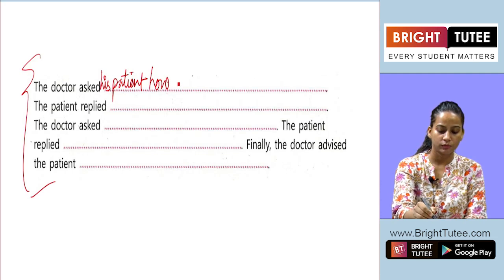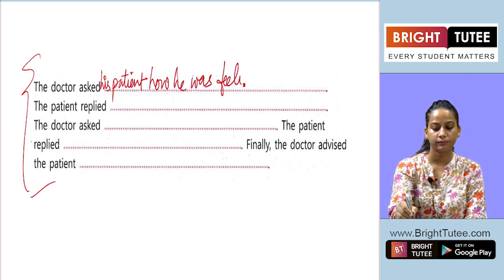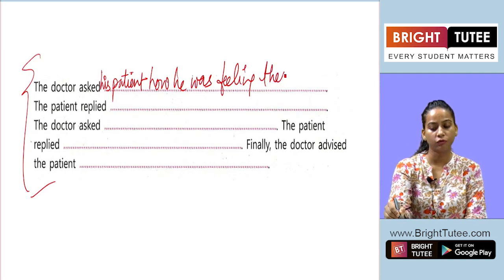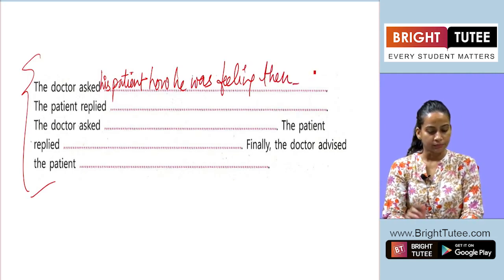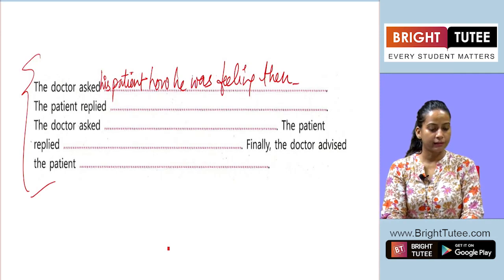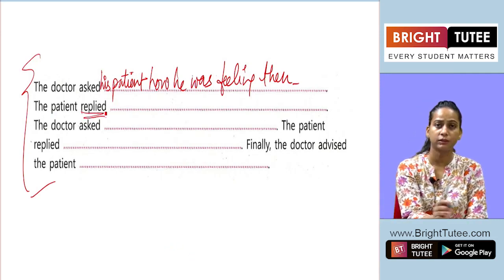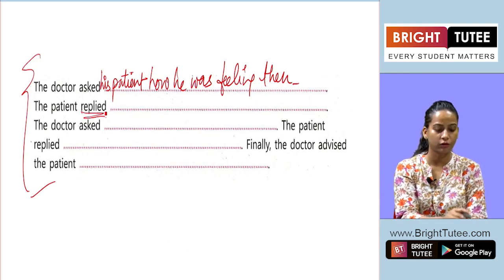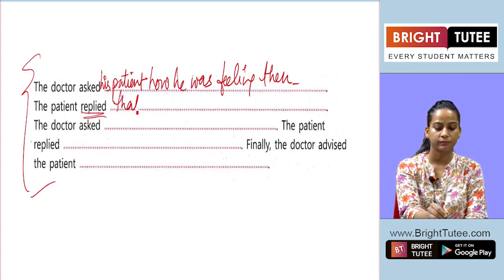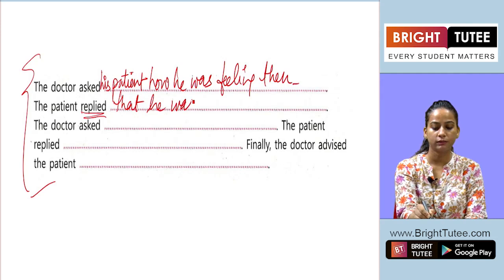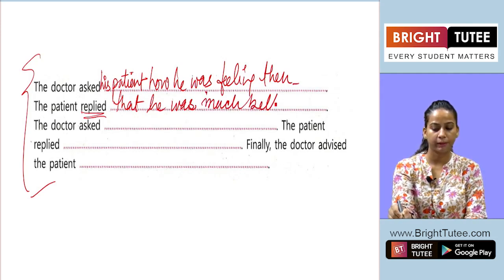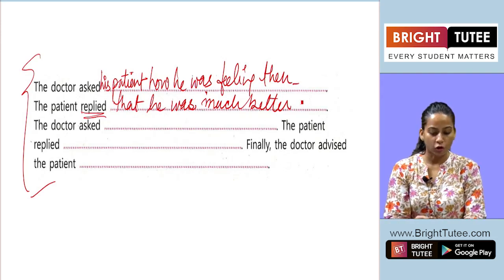We have to change it to how he was feeling then. That "now" changes to "then". The patient replied that he was much better. The patient replied, because it is in the past, so accordingly we have changed. The patient replied that he was much better. Clear?